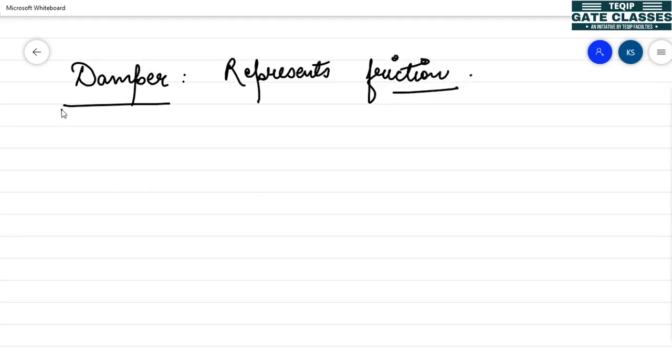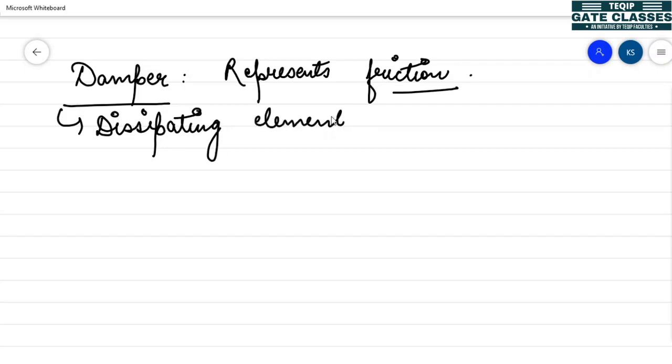It is also an energy dissipating element, just as resistance in electrical circuit. Friction always occurs when there is a relative motion between two elements.